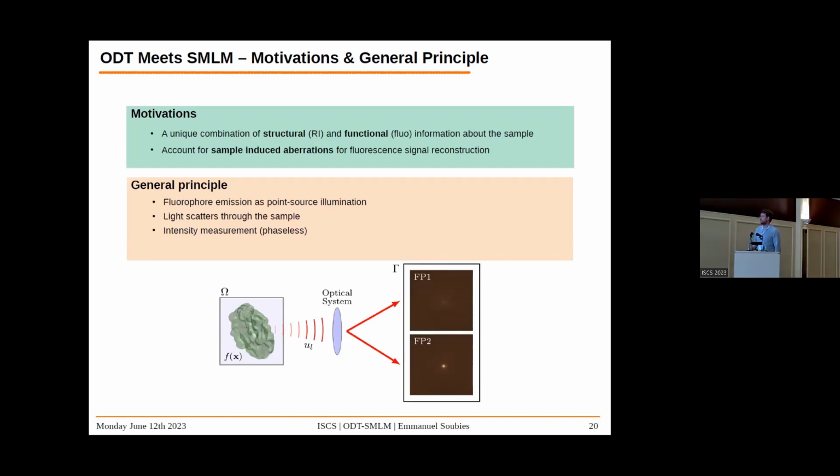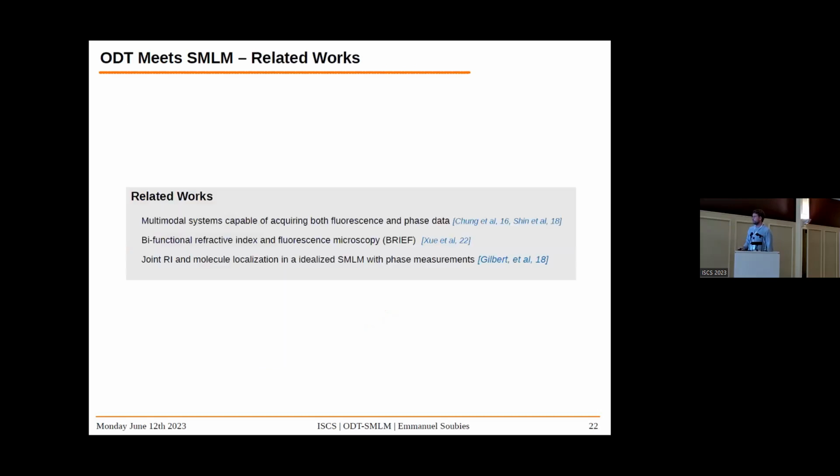So here we will consider the biplane modality, and we have this intensity measurement. The goal will be to jointly reconstruct both the refractive index and the molecule localization, molecule position and amplitude, from the sole SMLM acquisition.